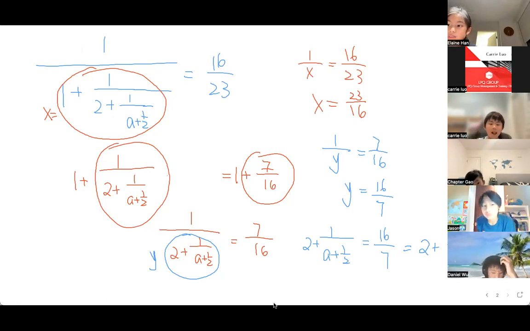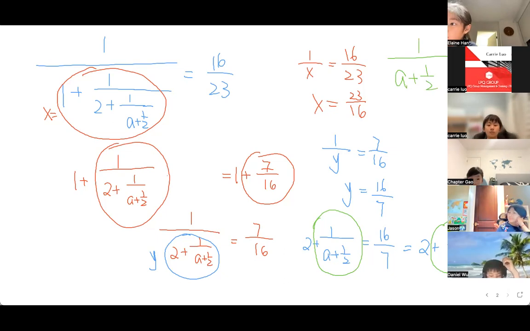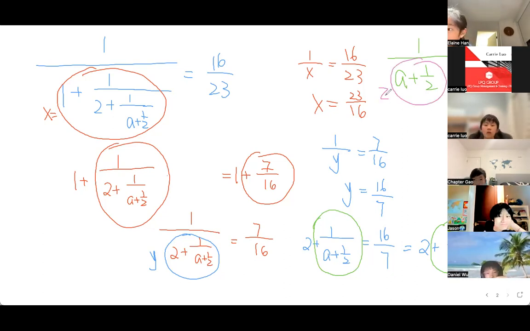So on the other hand, this one and this one are equal to each other. So I have 1 over a plus half equals 2 over 7, right? So I'm going to name this whole a plus half as z.